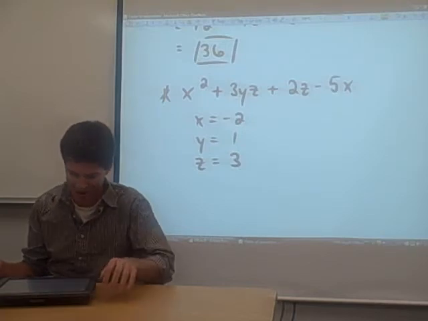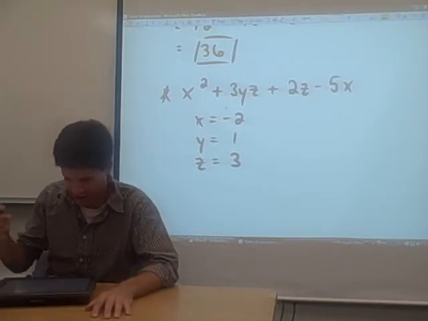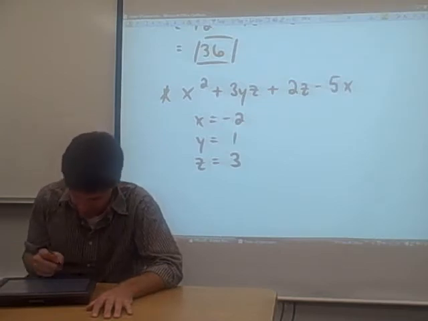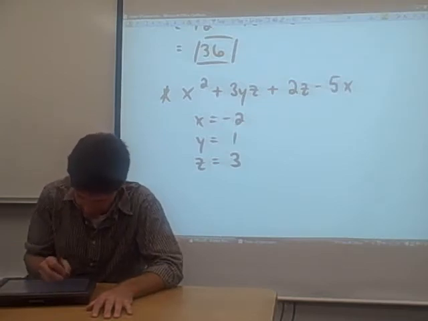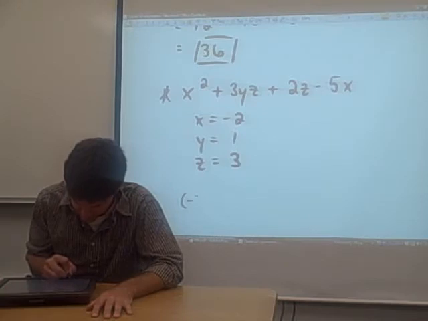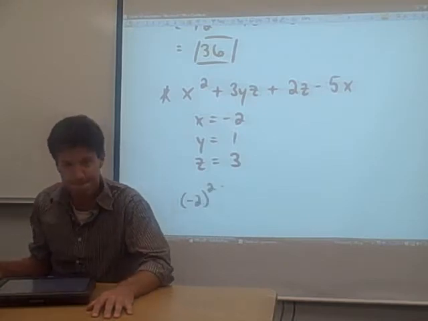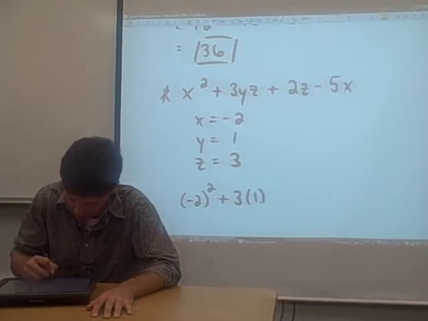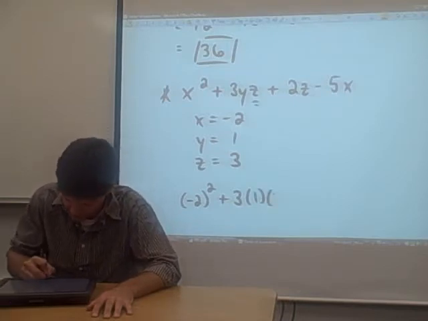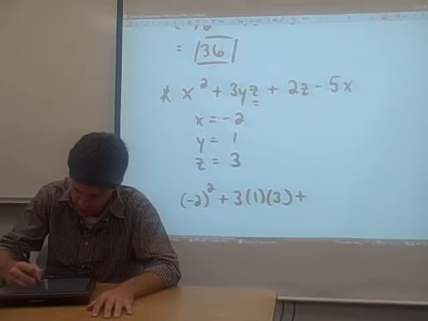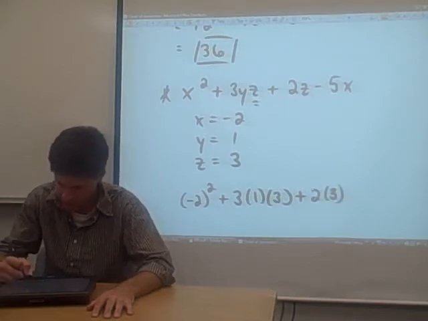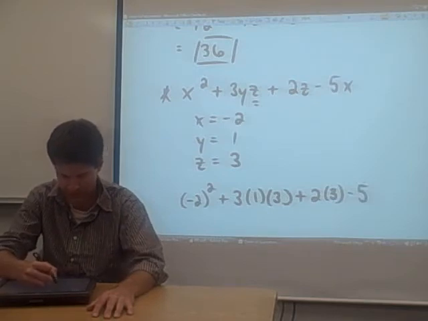Okay, great. Let's give this a shot. So we're going to substitute all our x, y, and z values in. X we know is negative 2, so x squared becomes negative 2 squared plus 3, y is 1, the z here is 3, plus 2z again is 3, minus 5, and x in this case is negative 2.